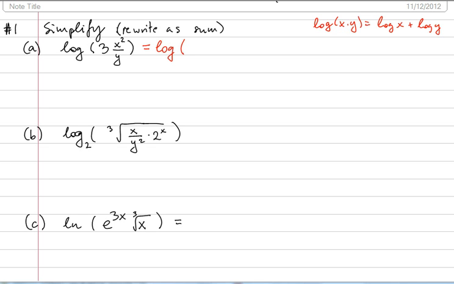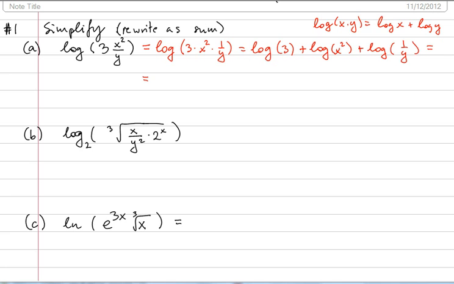We'll write this as a product, so 3 times x squared times 1 over y, in which case this translates to log of 3 plus log of x squared plus log of 1 over y. Now we will use the property of logarithms that the exponents come out of the logarithm.